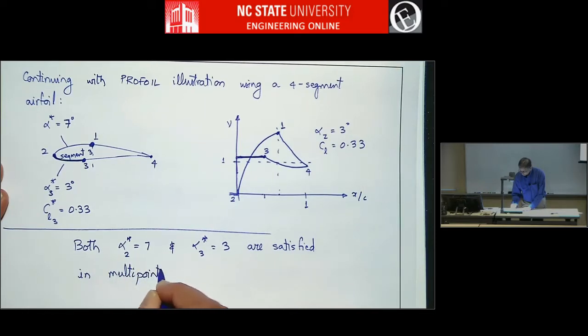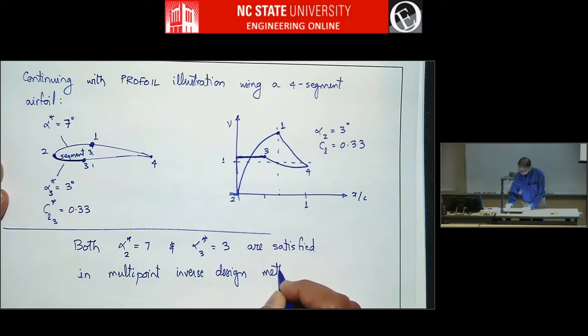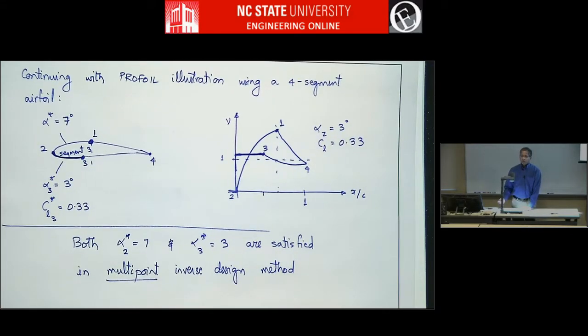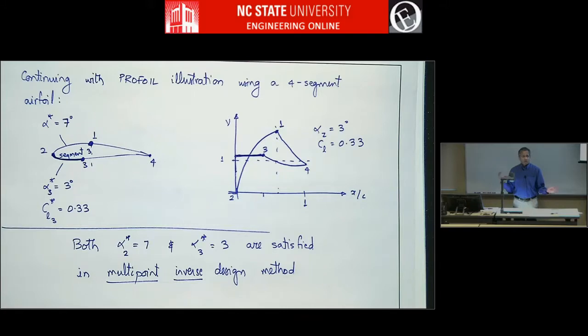So that's why this is called multi-point inverse method. Multi-point because you're specifying velocity distributions or something about the velocity distribution at two different conditions. Inverse because you're not even saying what geometry you want. You're saying, I want this velocity distribution, figure out what the geometry is, and the method will go and figure it out.